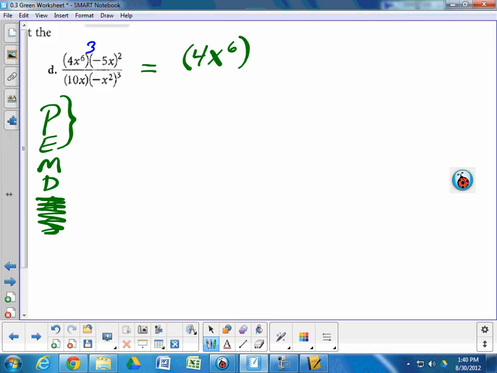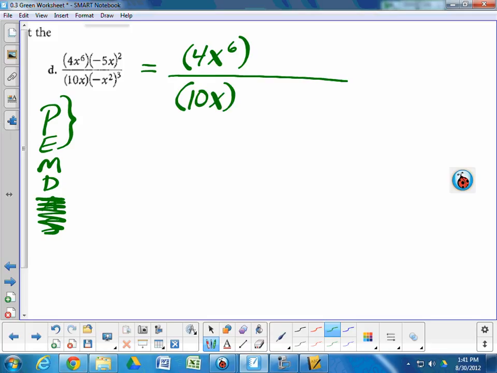But there is no little 3 or 4 or any exponent out there. So it's just going to wait and see what happens. Next, let's just mention that on the bottom, 10x is in the same boat. There's nothing to do with it. There's no exponent on the outside of the parentheses. It's the other two that we need to take care of right now.